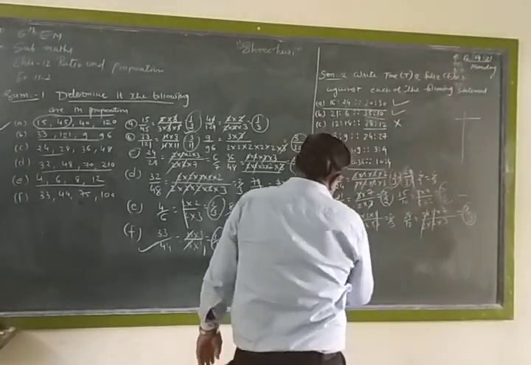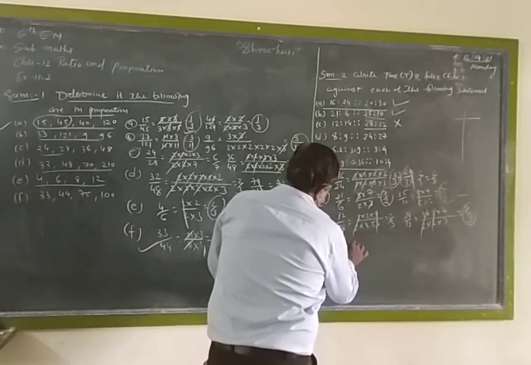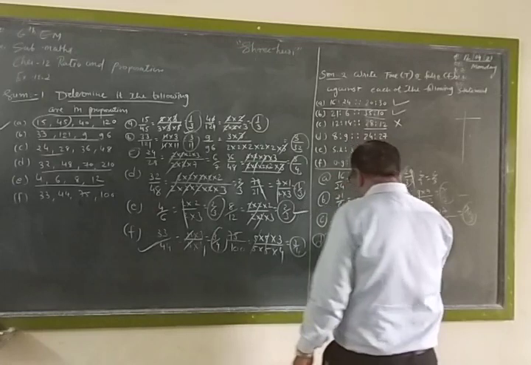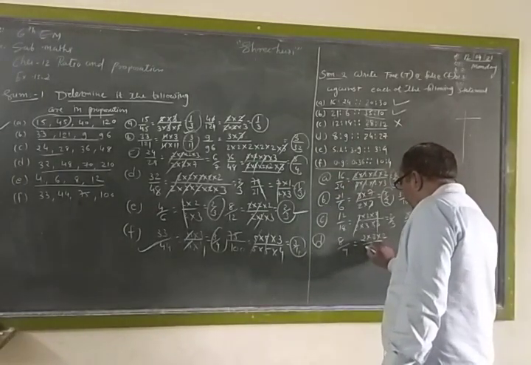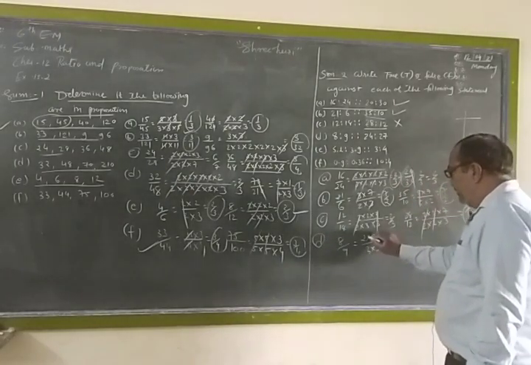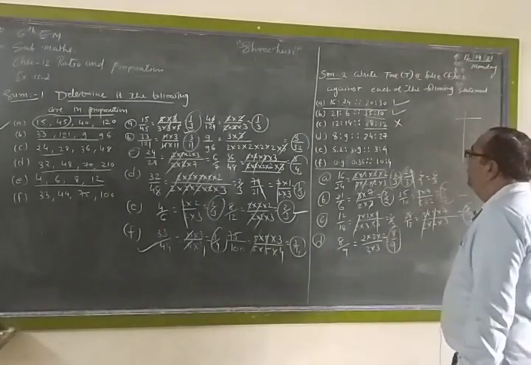Now D, 8 upon 9. The prime factorization of 8 is 2 into 2 into 2, and here 3 3s are 9. Nothing cuts, so 8 upon 9 stays the same.